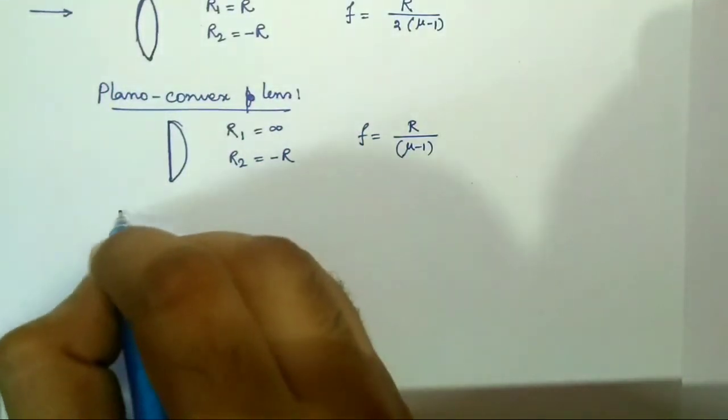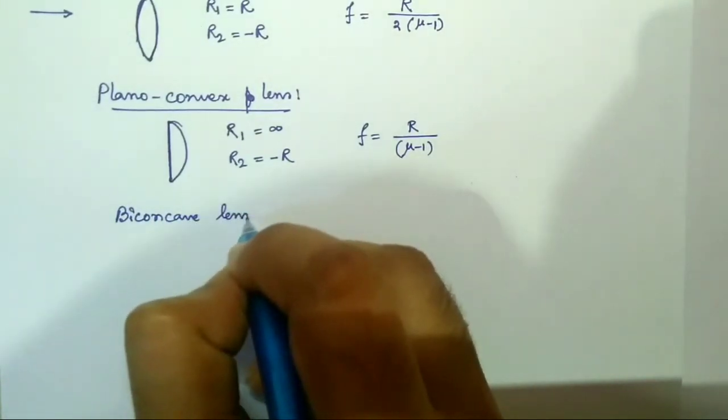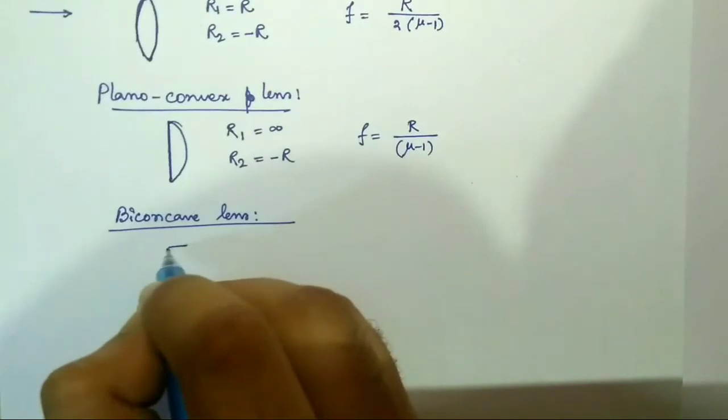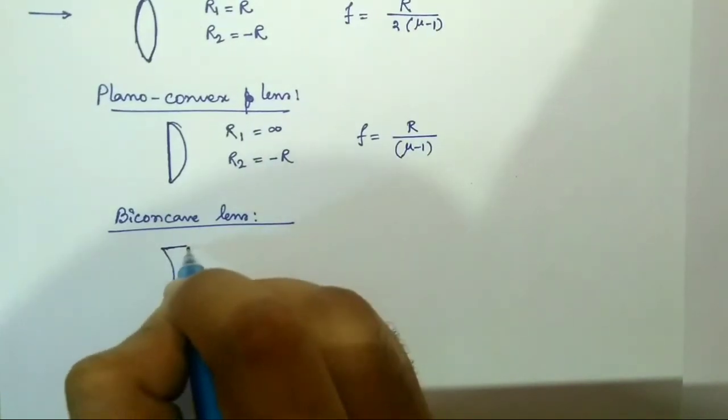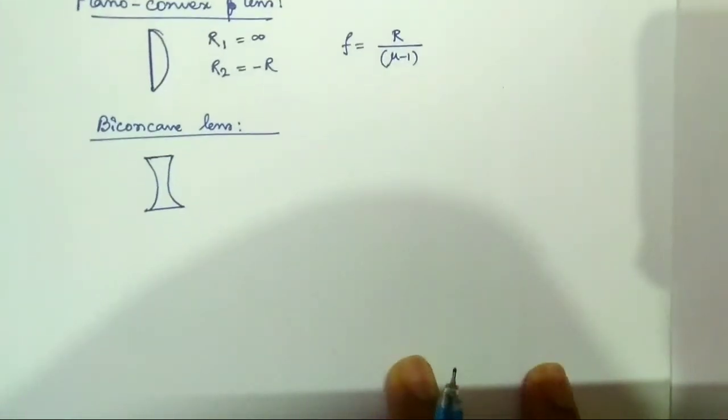Now consider a biconcave lens. This is the biconcave lens.